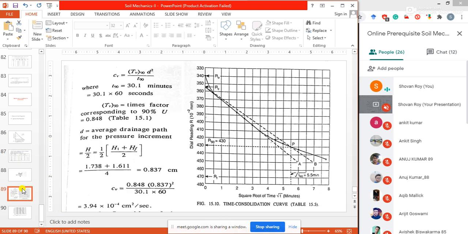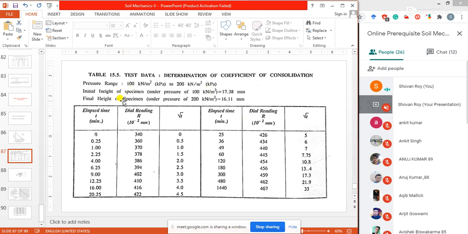If I have the values from the laboratory, like elapsed time and the dial reading at every elapsed time, we can find the root over t from the elapsed time, no problem, but the dial reading is needed. How much my sample is decreasing its height, its volume, its voids, we can find out from the laboratory.